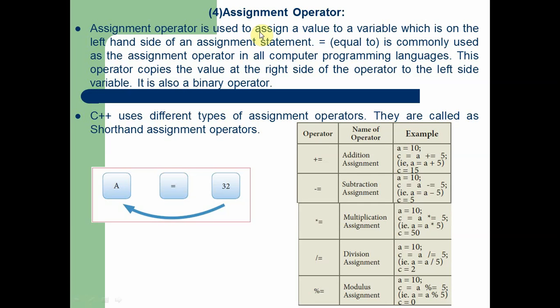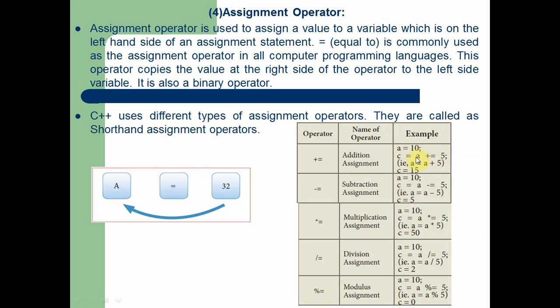So we can combine the equal operator with arithmetic operators. See here, plus equal to, minus equal to, asterisk equal to, division equal to, modulus equal to. So in this example you can see a is equal to 10. When you use plus equal to, the addition assignment, c is equal to a plus equal to 5.